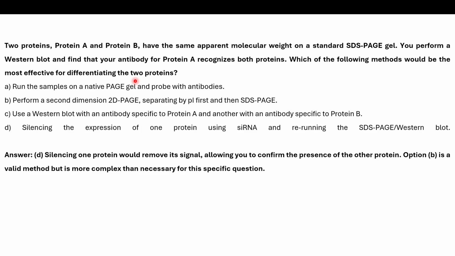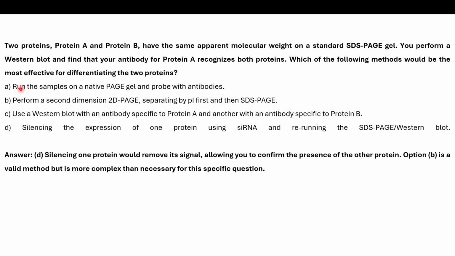You have your antibody against protein A, however, it is recognizing both these proteins, and both these proteins run at the same position on an SDS page gel. So how would you deduce that both the proteins are present in your purified protein sample?